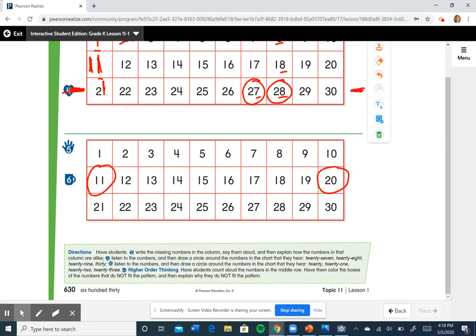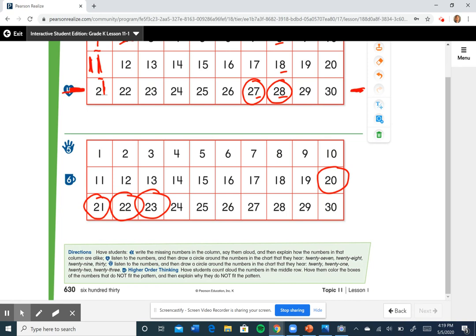No, because that is 11. 21. So a 21 is a 2 for the 20, and then a 1 in the ones place. A 2 and a 1. And then 22. And then 23. Perfect.